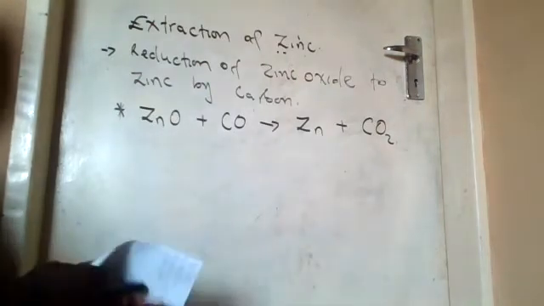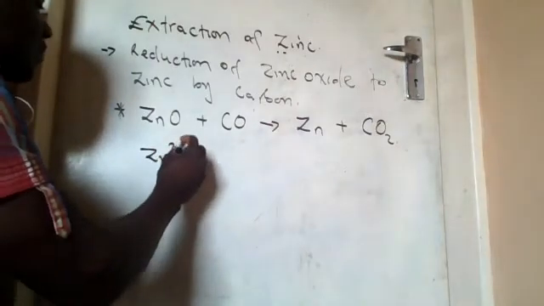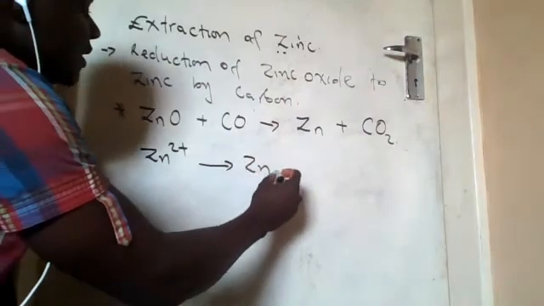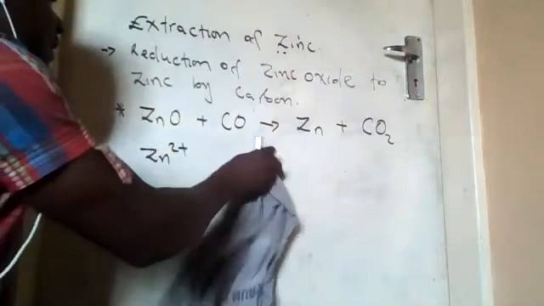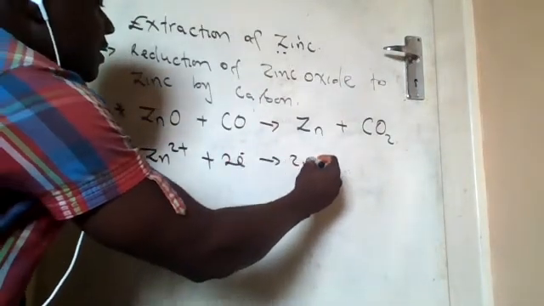Not only that, if you write this as an ionic equation, we're going to have zinc 2 plus, plus 2 electrons, and then to form zinc.